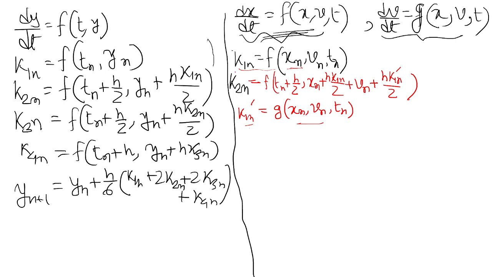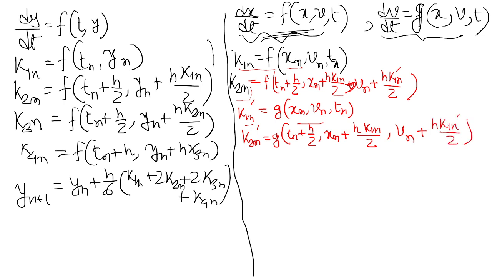So from these two equations we get our first coefficients, and from these two first coefficients we can calculate the second coefficients. So k2n prime will be equal to g of tn plus h by 2, xn plus h k1n by 2, and vn plus h k1n prime by 2. In a similar way, you can write down the other coefficients also.